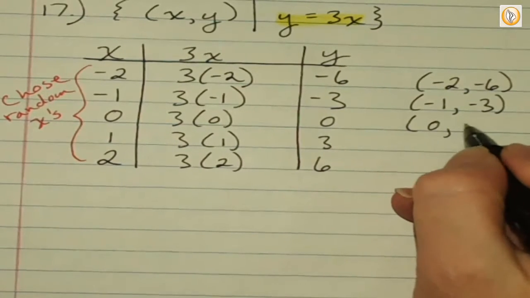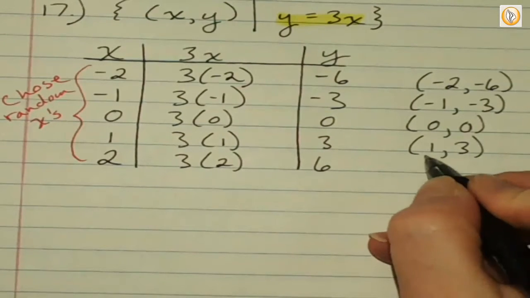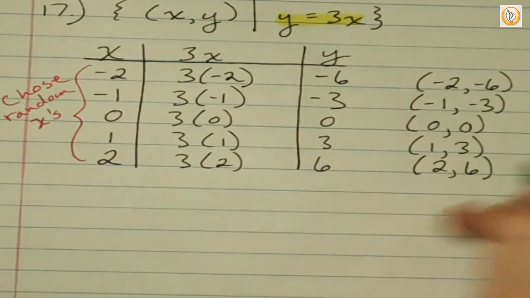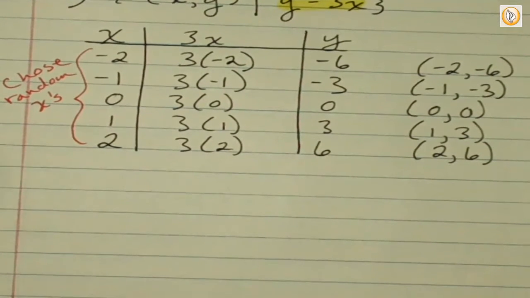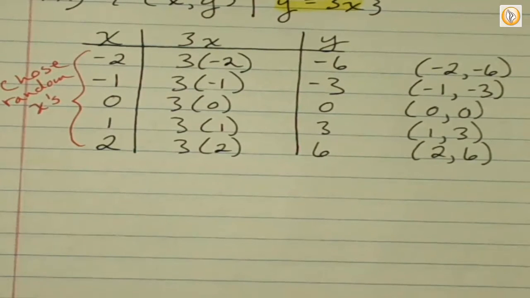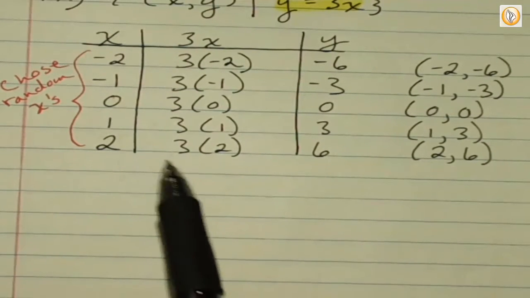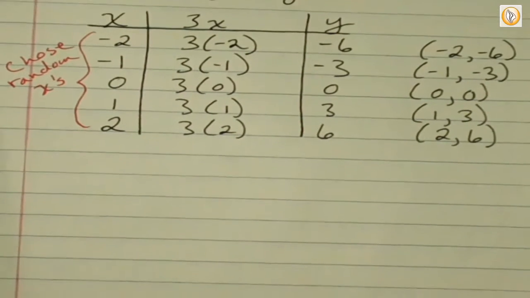When doing these problems, be very neat and detailed and show all work. Okay, so the first step is make a table, choose your x's, get your ordered pairs. We did that. Then it says to graph.